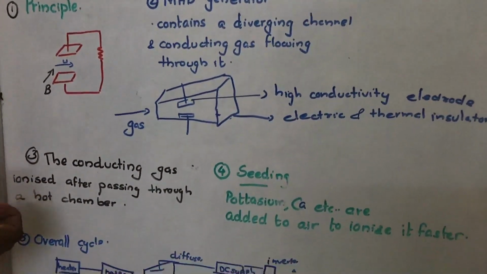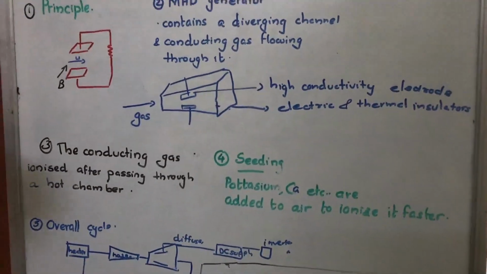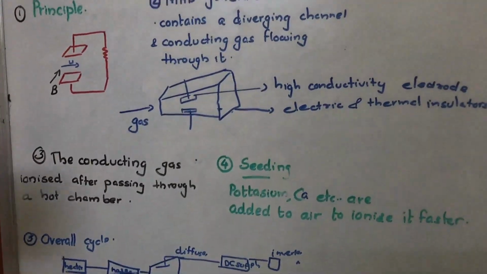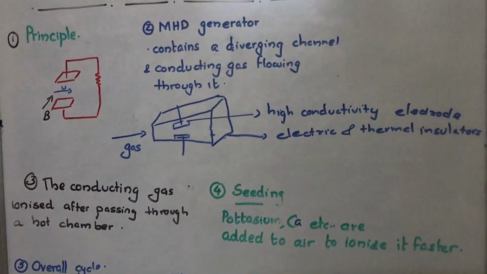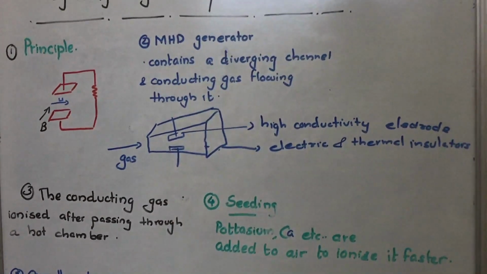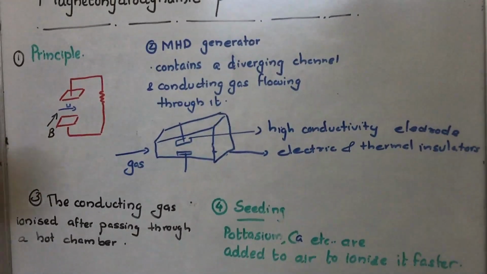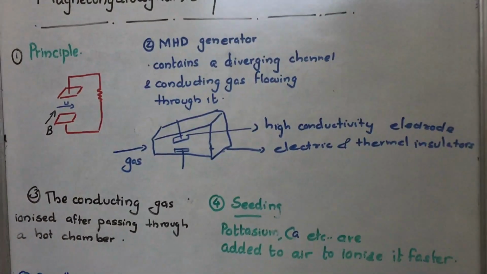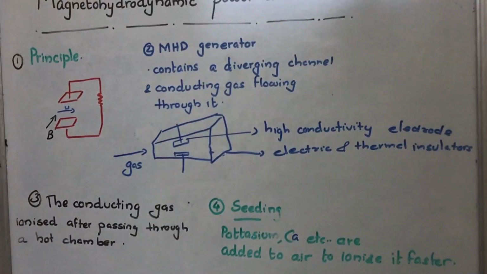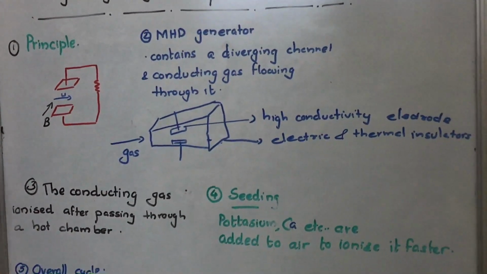Usually if we use air as the conducting gas, to ionize it we have to apply much heat, so the temperature will be very high. To make it easy, we introduce materials like calcium, potassium, etc. Because of that we can easily ionize it.